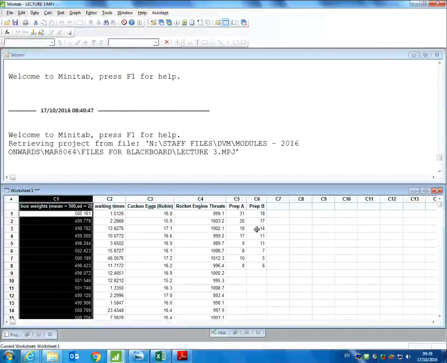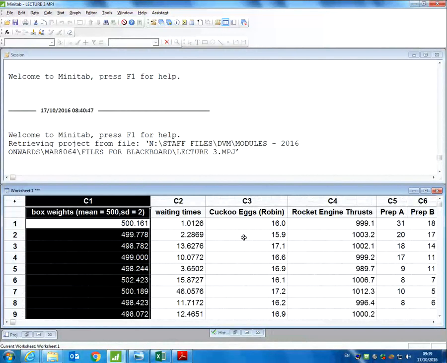Just a new data set there. We're looking at box weights, but remember that there are many applications for these techniques in marine science. This could be ship weights. But if it's box weights, let's say that the mean is 500 and the standard deviation is 2.